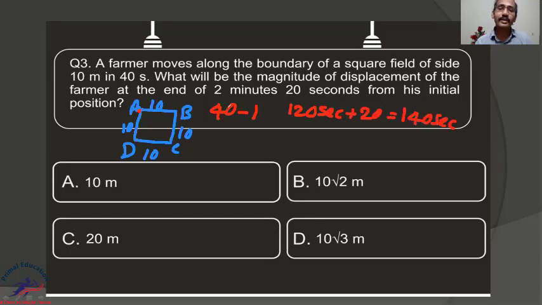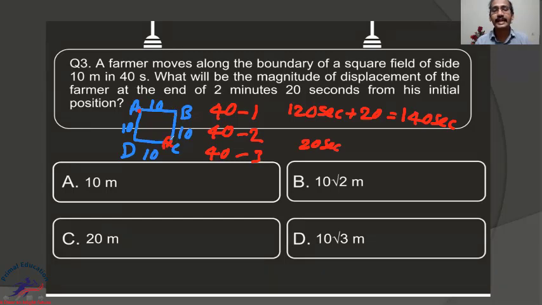Now, one round is 40 seconds. In 140 seconds, how many rounds? Second round, next 40 seconds. Third round, next 40 seconds. Totally how many seconds? 40 plus 40, 80. 80 plus 40, 120. So how many seconds are still remaining? 20 seconds are remaining. One round is 40 seconds, so in 20 seconds where can the farmer reach?